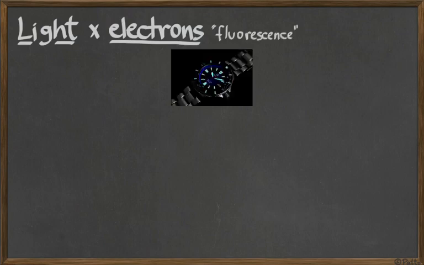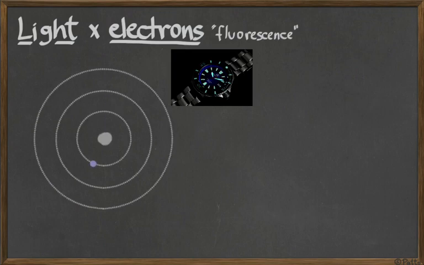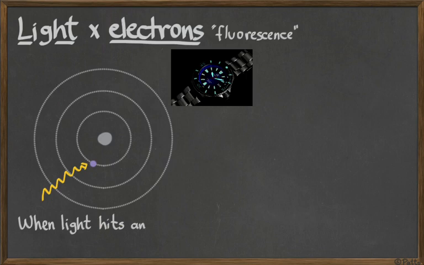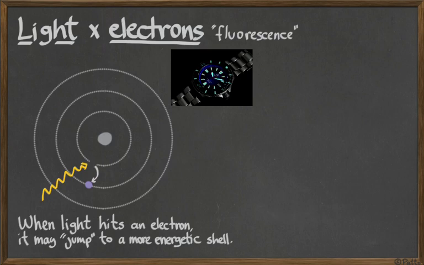Fluorescence is a phenomenon that we see in watch dials. Sometimes we have those little stars that you put on the ceiling. In those kinds of chemicals, when an electron receives a photon, this electron might be excited, gets more energetic, and it may jump to a more energetic shell, layer or orbital.